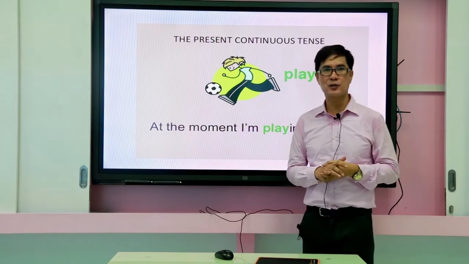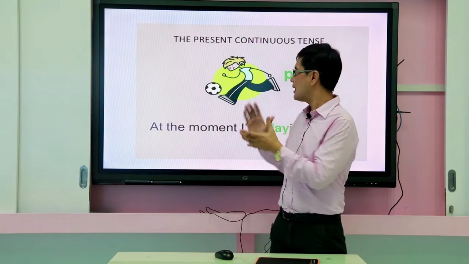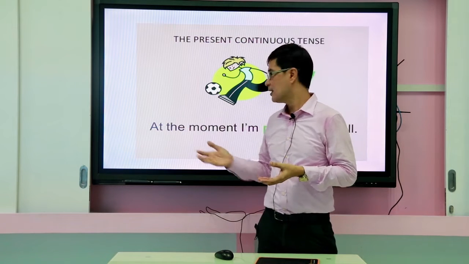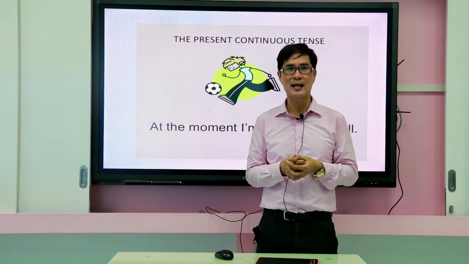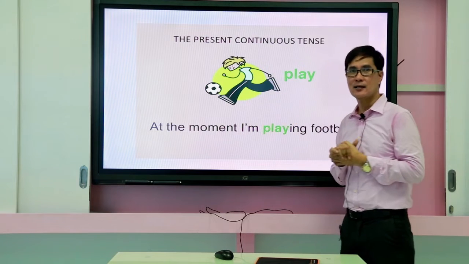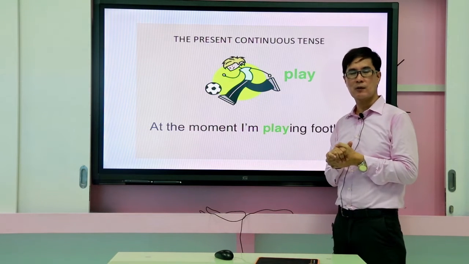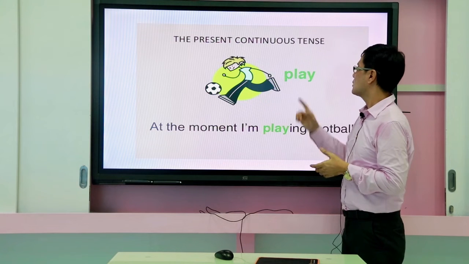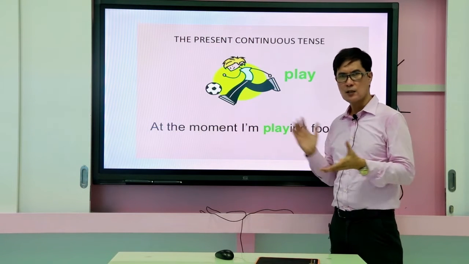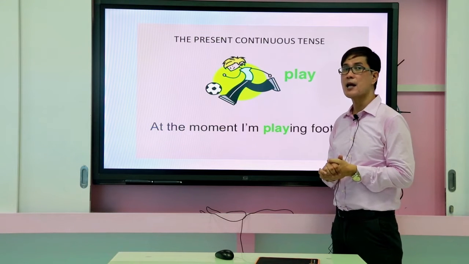We have examples here, and I want you to observe what is happening in the picture I have presented in the slides, together with the sentence describing the photo. What do you think the person is doing in this picture? We have the word play. What is this? Is it a noun, an adjective? It's a verb.